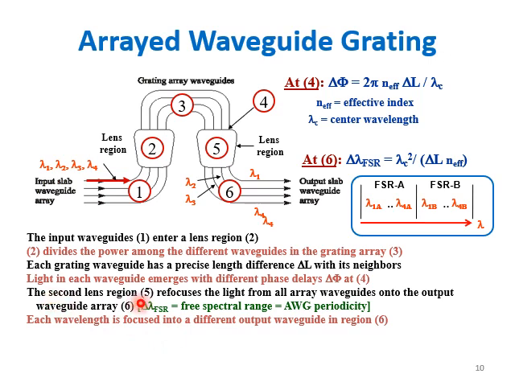Next, the second lens at region 5 refocuses the light from the array waveguides onto the output waveguide array at region 6. What we can observe, with respect to the free spectral range, is that each wavelength is focused into a different output waveguide in this particular region.